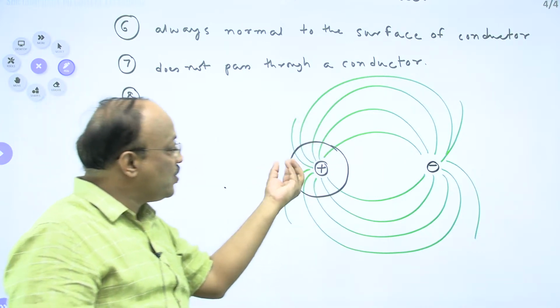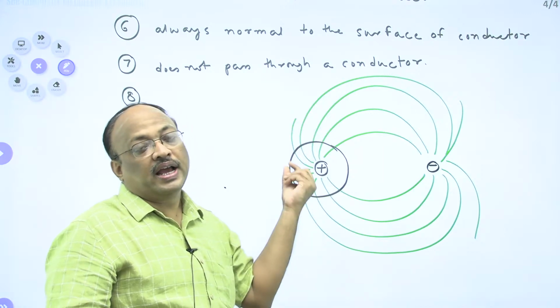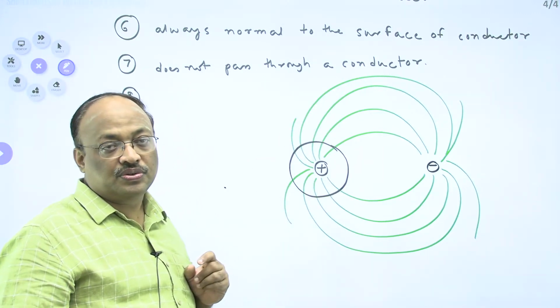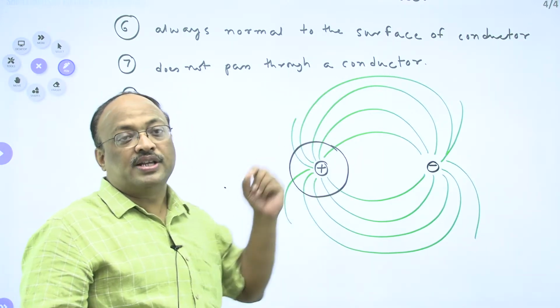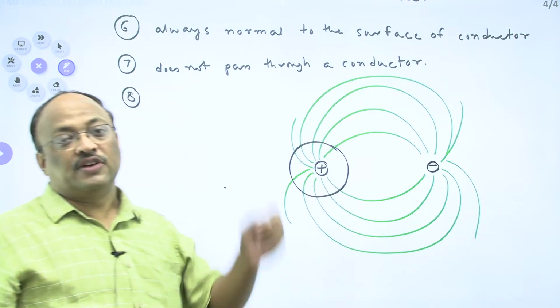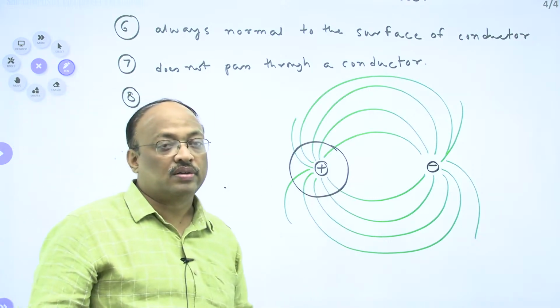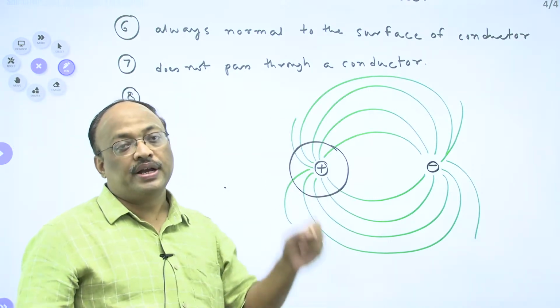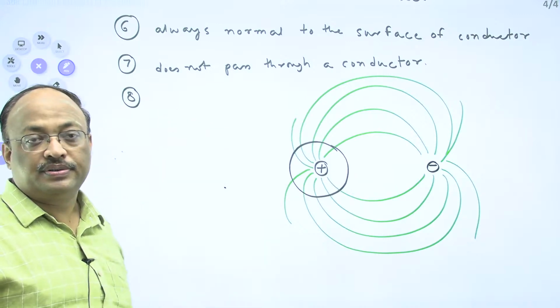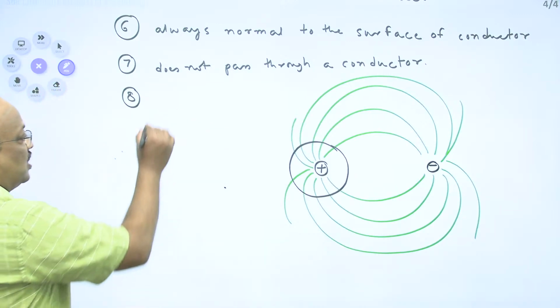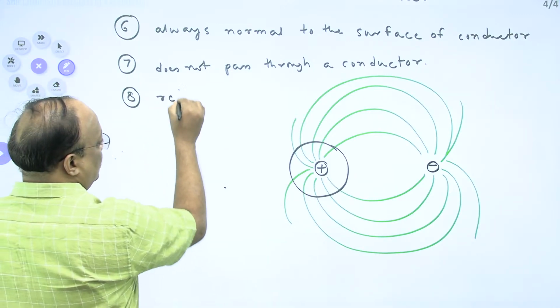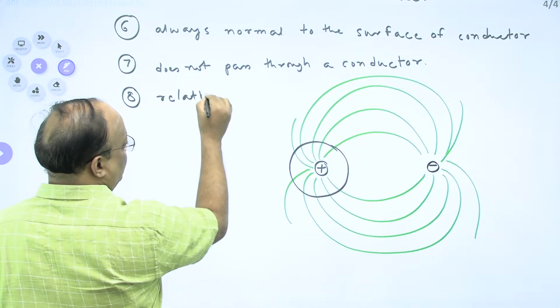So the relative closeness of the electric lines of force decides whether the field is strong or weak at a point.